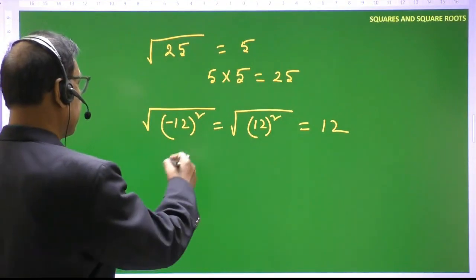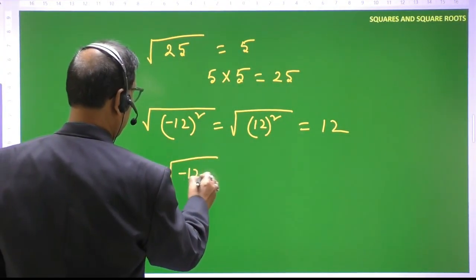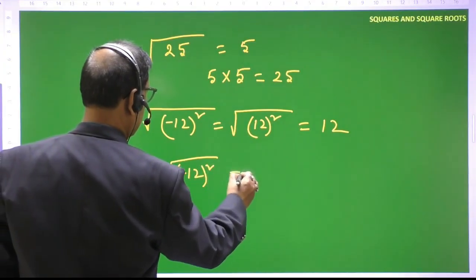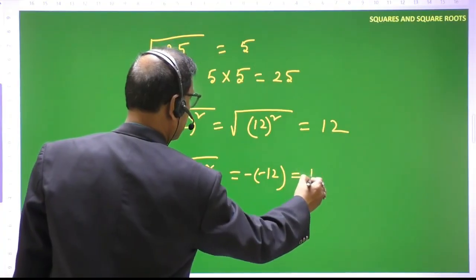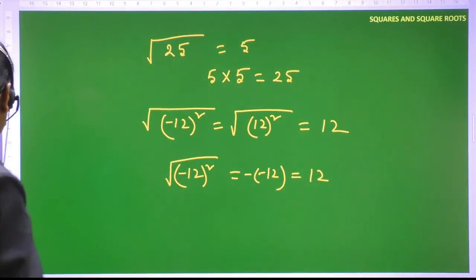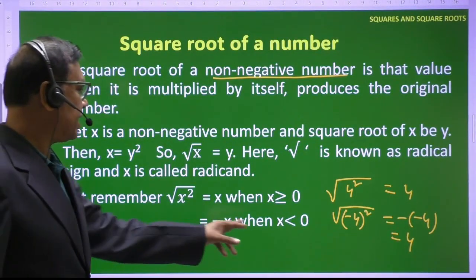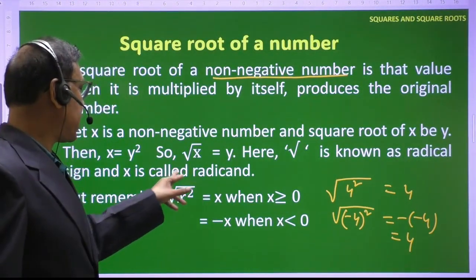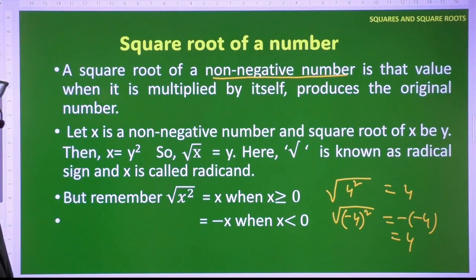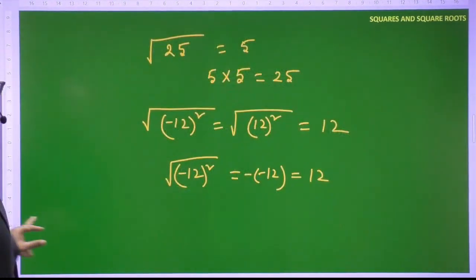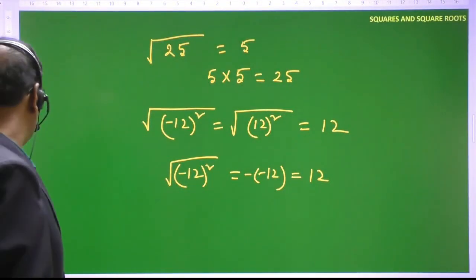But anyone can write directly minus of minus 12, that is plus 12, because I gave the definition: if x is negative, then the square root of x square is minus x. Clear? So directly also we can write like this. I think this part is clear.